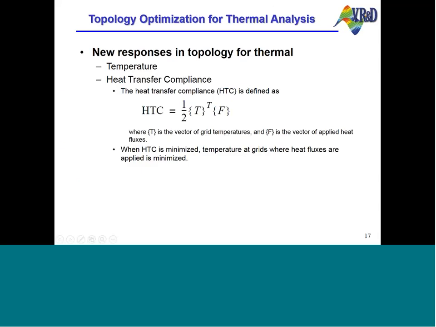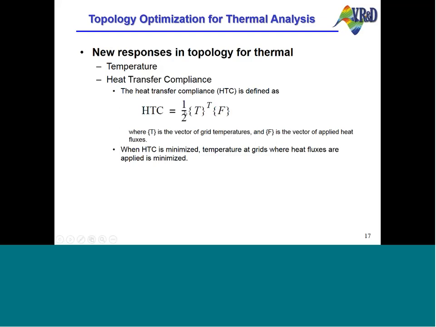The second important feature we have added in the new release is topology optimization for thermal analysis. Many users have requested this feature. In topology for thermal analysis, we added two new responses. One is temperature. The user can design to minimize temperature or put constraints on temperature. Another new response is the heat transfer compliance response.